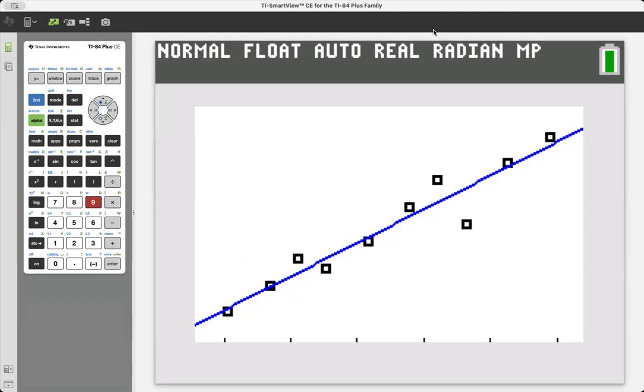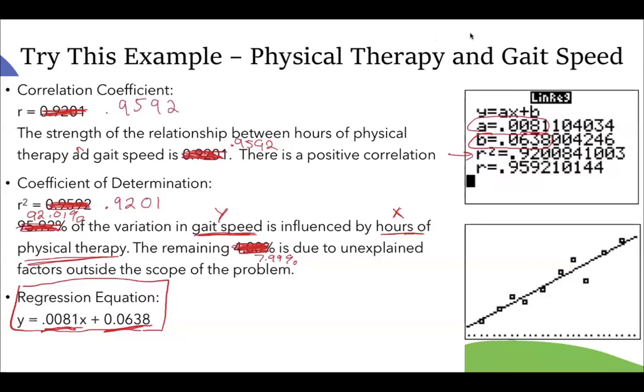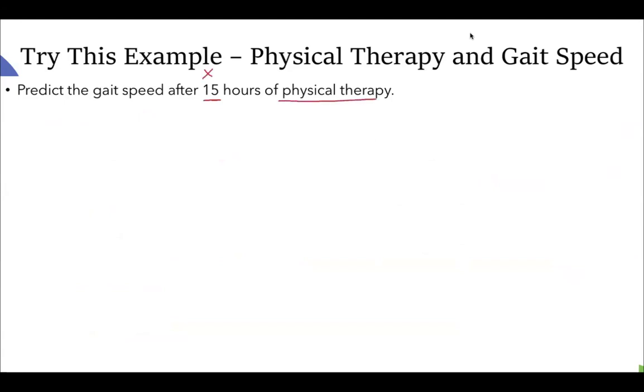So let me go back to the slideshow. Okay, so this is the picture that we got, and we confirmed it on our calculators. Okay, so let's make a prediction based on a value of x. When x is 15, when we've put in 15 hours of physical therapy, what can we expect to see in gait speed? So let's plug x equal 15 into our equation. This is our linear equation. Let's plug in 15 for x.